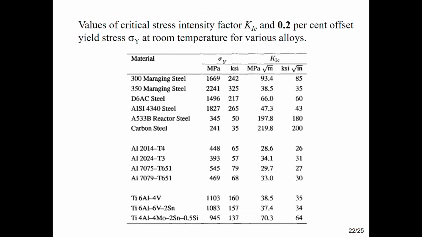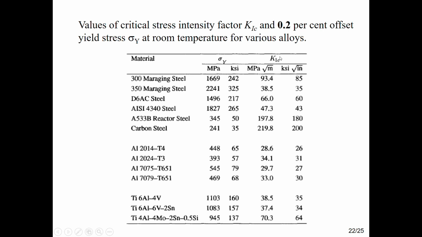Let's go to the values of critical stress intensity factor K1C and 0.2% offset yield stress, sigma Y, at room temperature for various alloys. This is sigma Y in units of MPa, megapascal, and this is ksi.